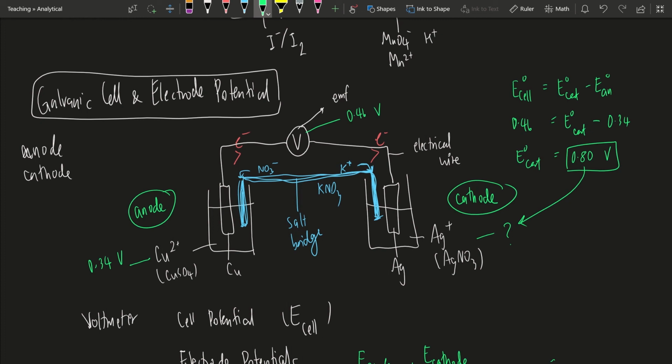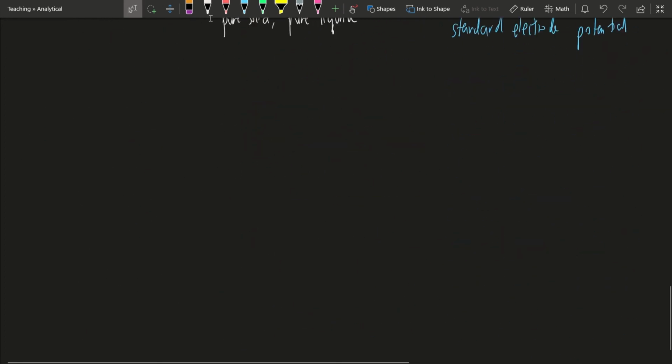But these standard electrode potentials are more useful than that. Actually, you can use these numbers to predict whether a redox reaction can occur or not. For example, let me go to a new place here.